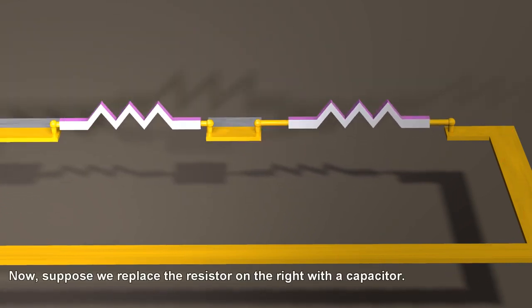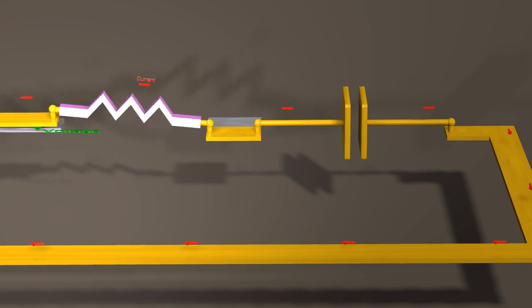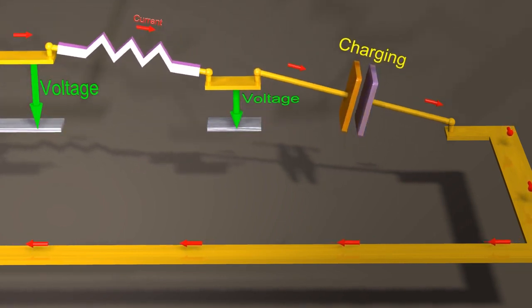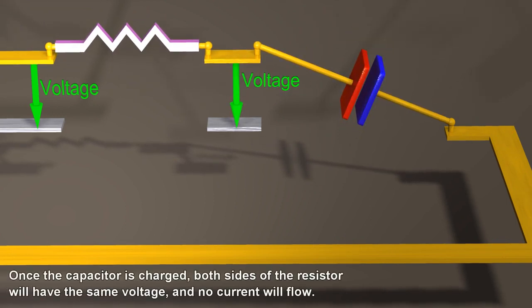Now suppose we replace the resistor on the right with a capacitor. Once the capacitor is charged, both sides of the resistor will have the same voltage, and no current will flow.